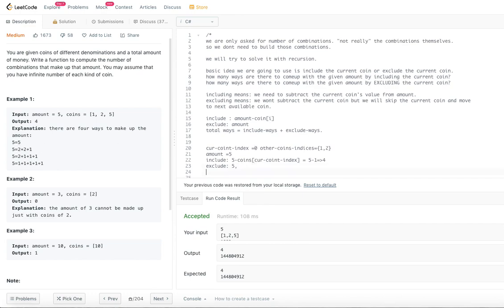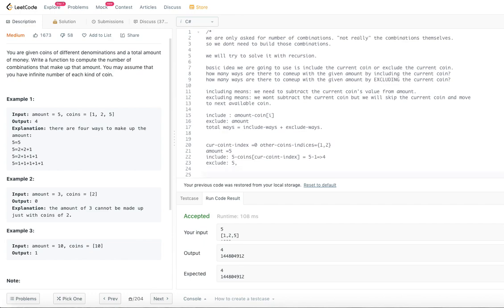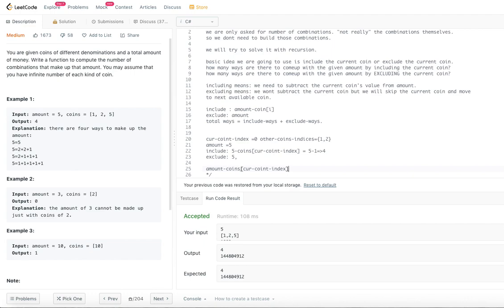So basically, including means you will have amount minus the current coin, so this is the rest of the amount. Since the current coin is being used, we are going to proceed with that recursion.